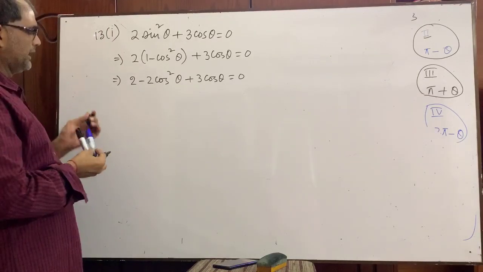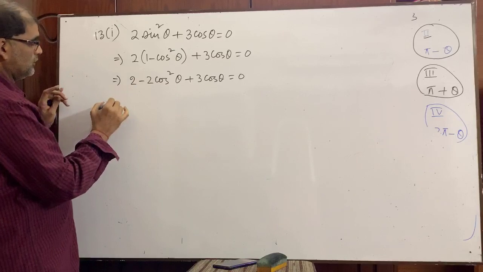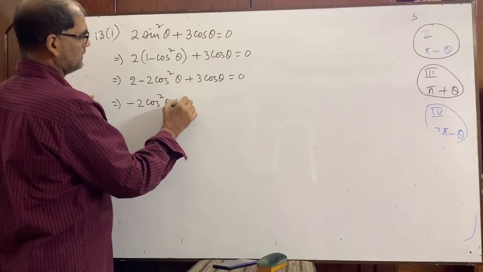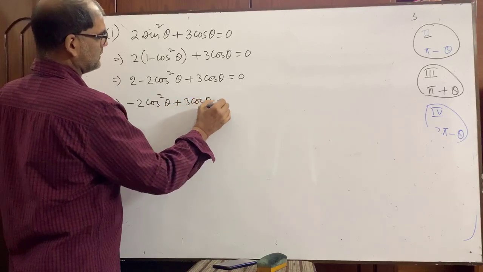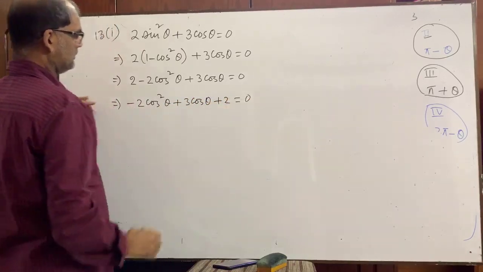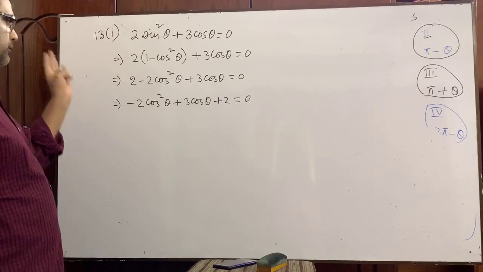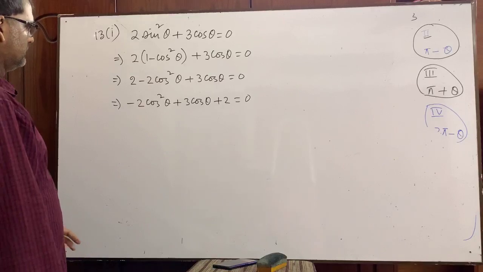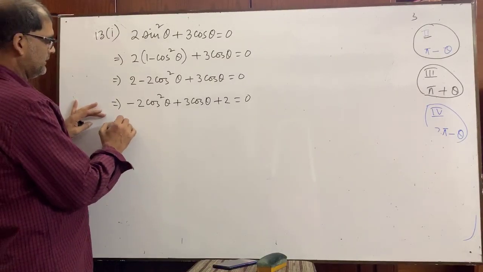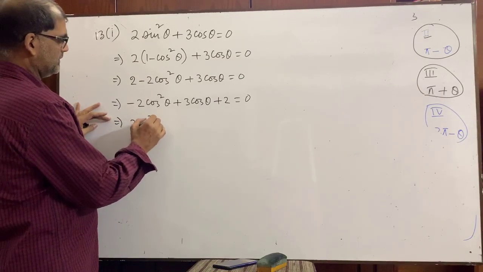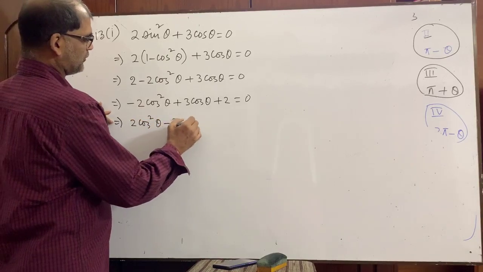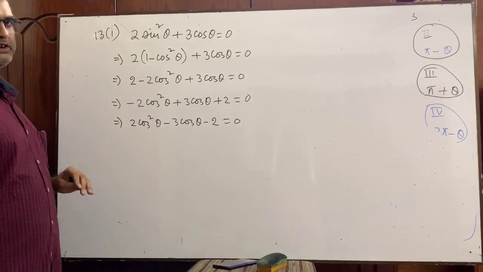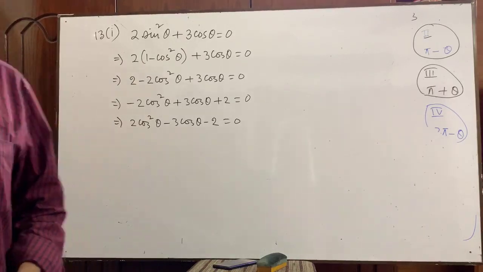We can write from here minus 2 cos square theta plus 3 cos theta plus 2 equals to 0, and I can multiply all the terms by minus 1. Then we can get 2 cos square theta minus 3 cos theta minus 2 equals to 0. I have multiplied all the terms by minus 1. Okay.